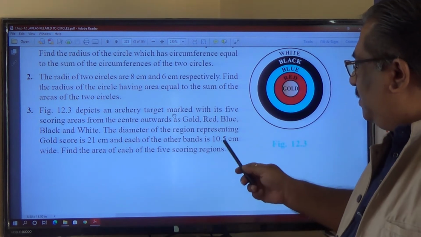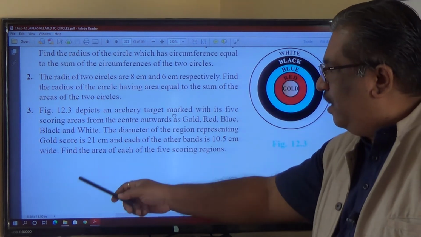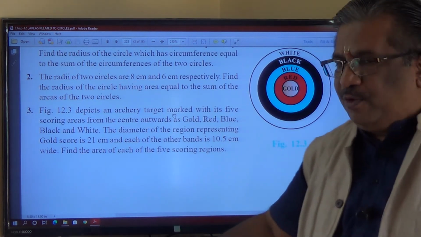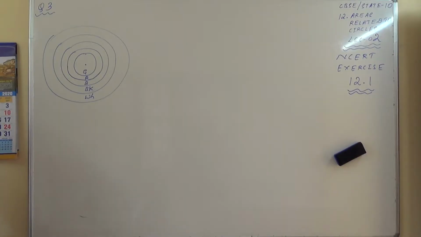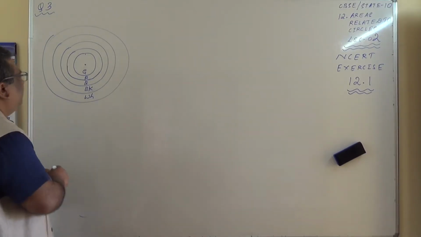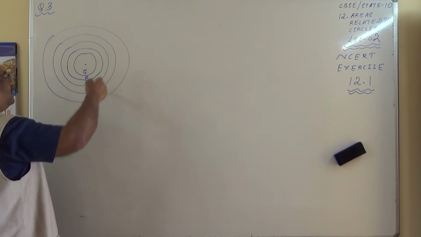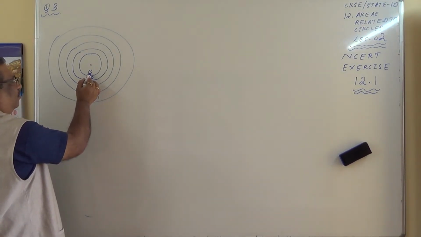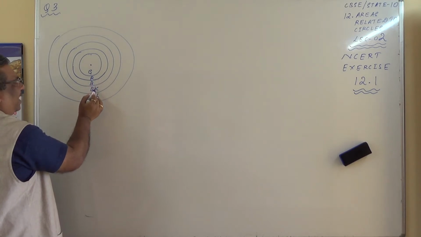Find the area of each of the 5 scoring regions. So let us solve this on the board. Question number 3, these are the different scoring regions. Inside this is gold, next red, blue, black and white.